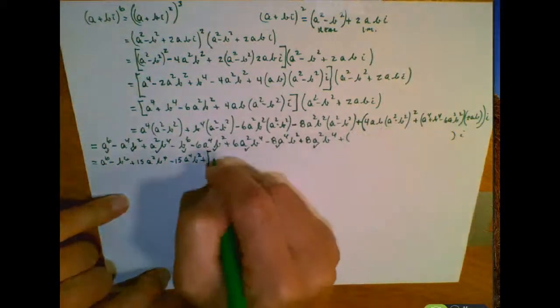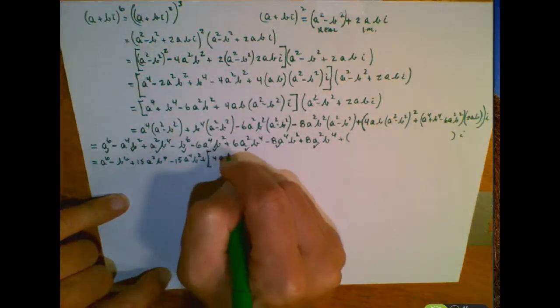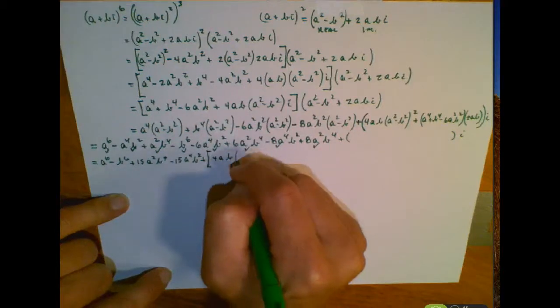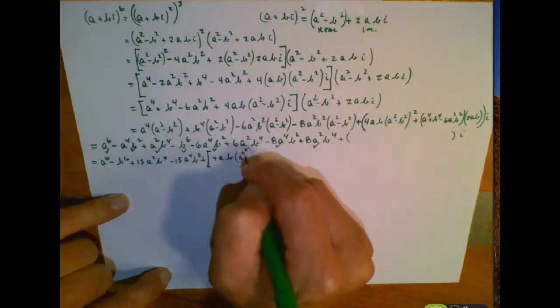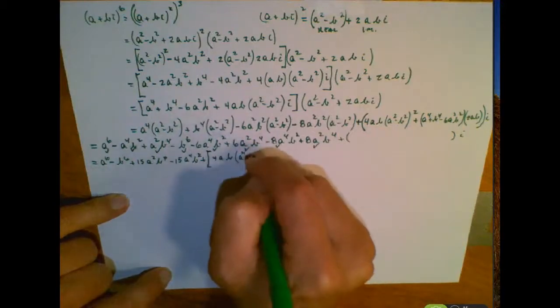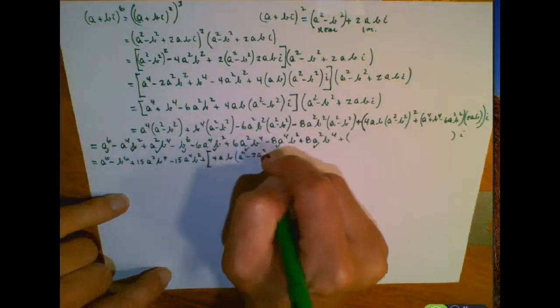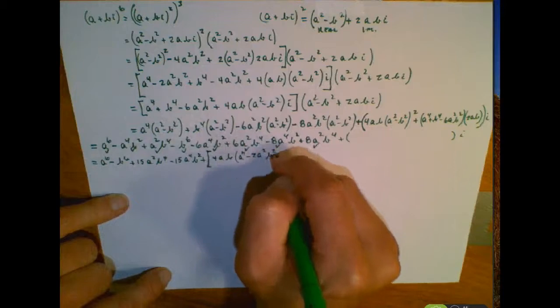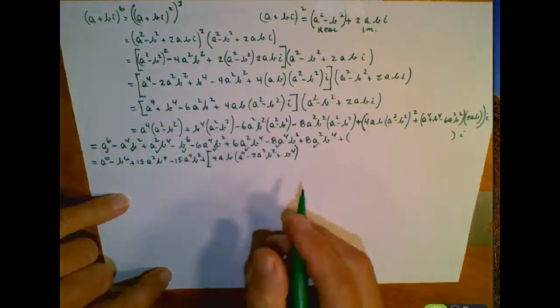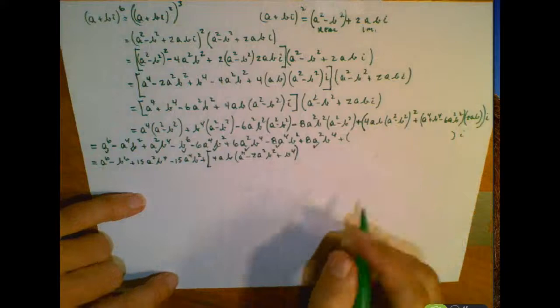So my first one is going to be 4ab times a to the 4th minus 2a squared b squared plus b to the 4th, and that's that first one. And this one seems pretty easy.